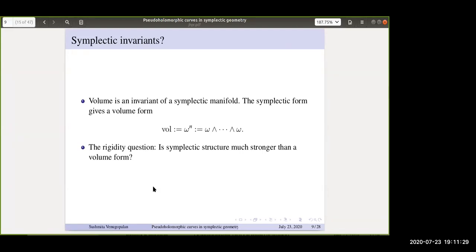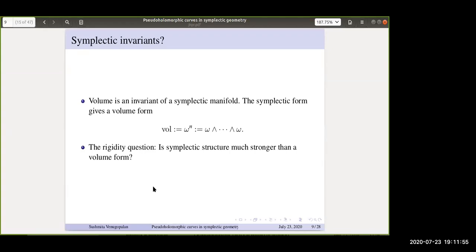One may ask whether symplectic manifolds have any invariants. Riemannian manifolds had this pointwise curvature as an invariant, but is there some property of a symplectic manifold which is preserved by symplectomorphism and can be used to distinguish one manifold from another?